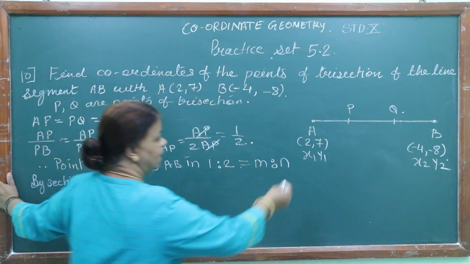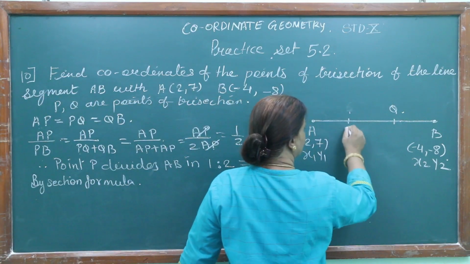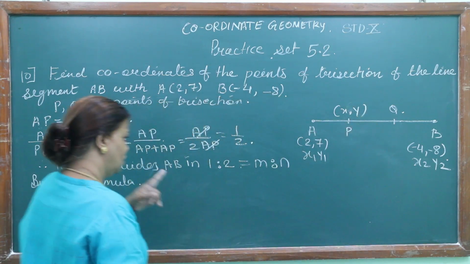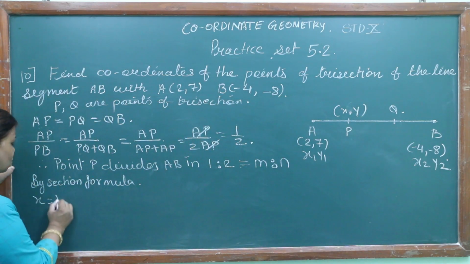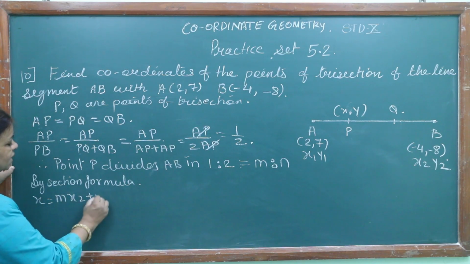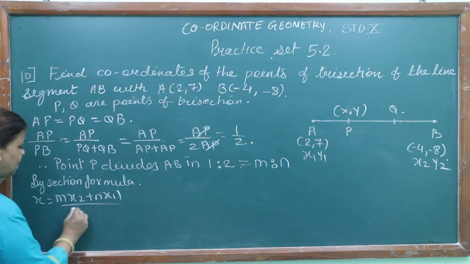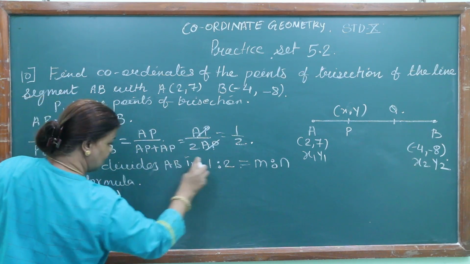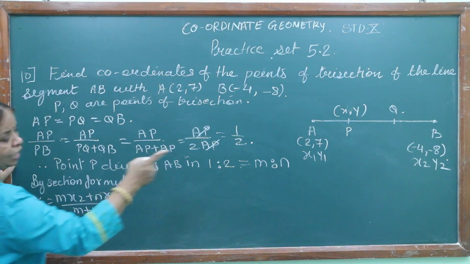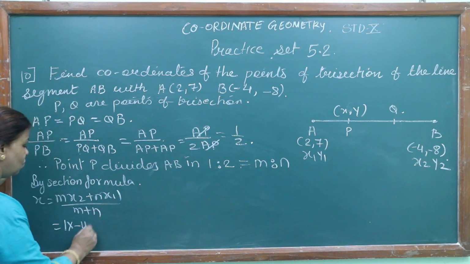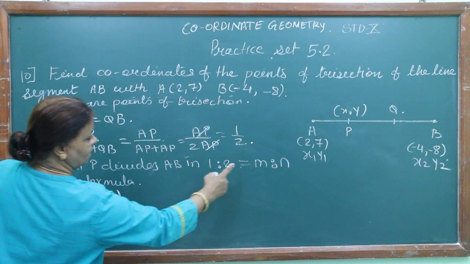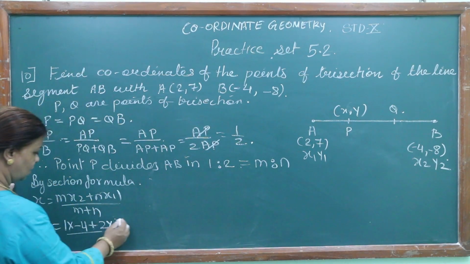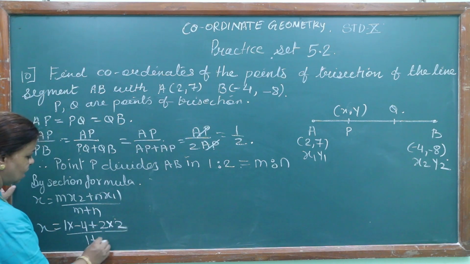let me take point P, x and y. So we need to find x and y. Let us take x is equal to (m x2 plus n x1) upon (m plus n). m is 1, 1 into x2 is minus 4, plus n, n is 2, 2 into x1, that is 2, upon 1 plus 2.